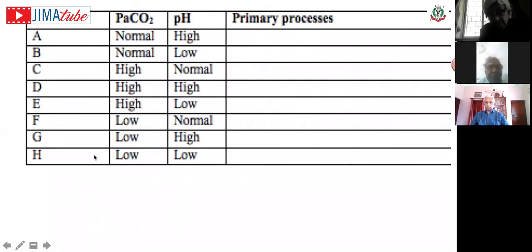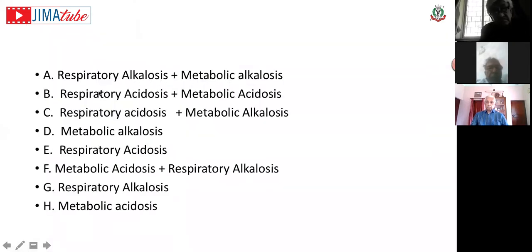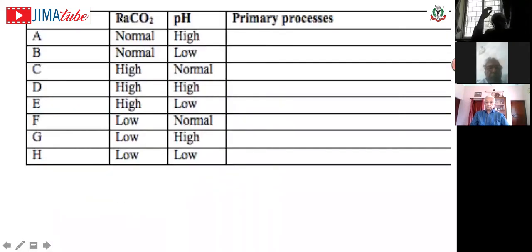So basically, a high pH means there is alkalosis. So this is metabolic alkalosis with respiratory alkalosis. Whenever you get this combination, high pH is alkalosis, and PCO2 will become normal because in respiratory alkalosis the CO2 goes down, and in metabolic alkalosis it will go up. So PCO2 will become normal.